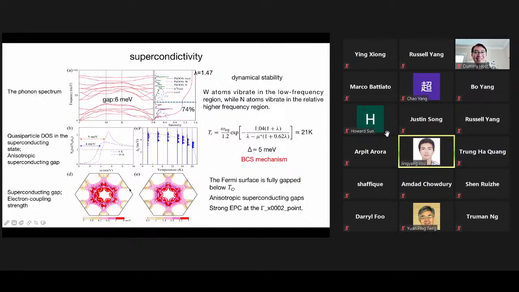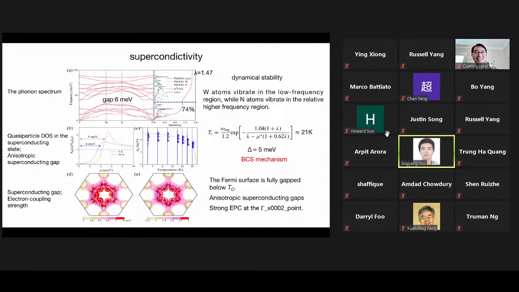In these two figures, we plot the momentum-resolved superconducting gap and electron-phonon coupling on the Fermi surface. On the whole Fermi surface, there are finite superconducting gaps, indicating the Fermi surface is fully gapped below Tc. It is noted that the superconducting gaps are highly anisotropic. The regions of the Fermi surface with the largest superconducting gap coincide with the largest electron-phonon coupling strength.